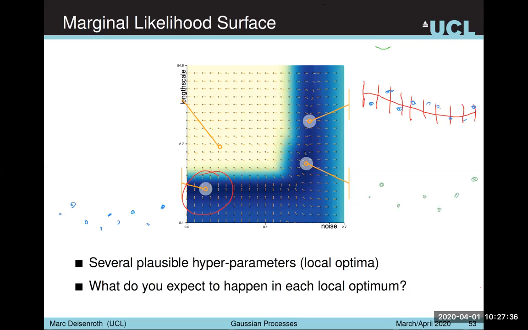In the top right, we have long length scale, high noise; bottom left, short length scale and very little noise. And now here we are in a regime where we still have quite a lot of noise, but the length scale is a bit shorter. So what could it look like?